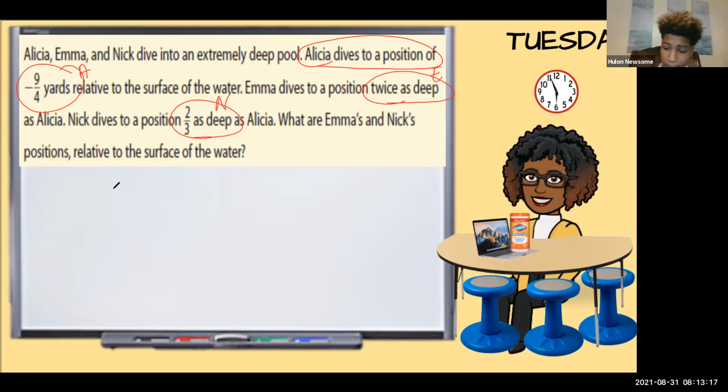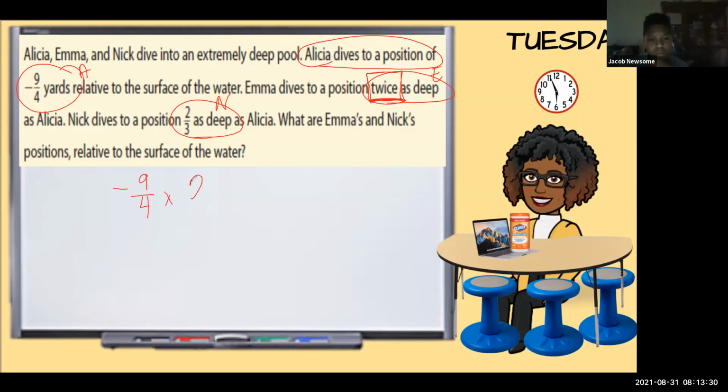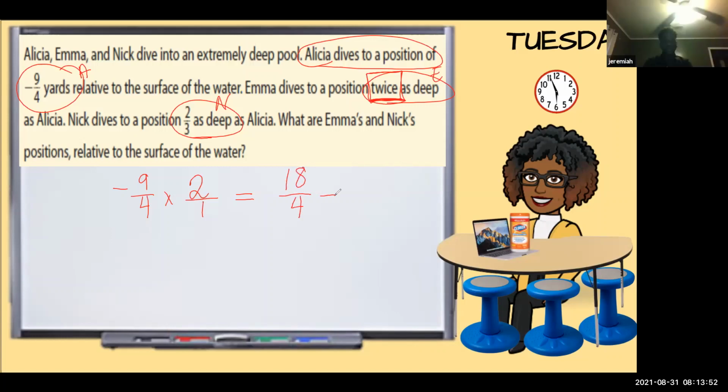So let's take our -9/4 and we'll look at Emma first. They said Emma is twice as deep. What do I multiply by when they say twice? 2. Times 2. 2 is a whole number, so how do we make it a fraction? Put a 1 under it. And then we'll multiply as normal. What's 9 times 2? 18. 4 times 1? 4. All right, let's simplify that.